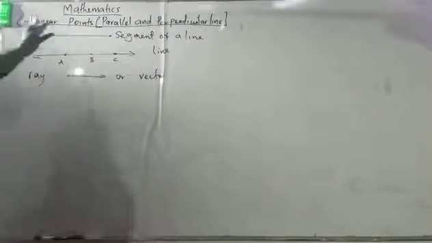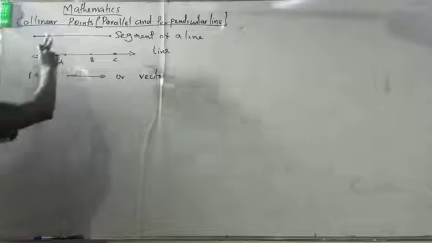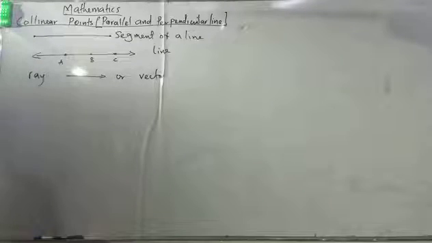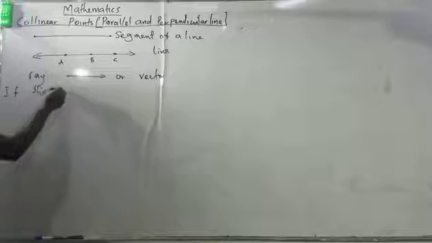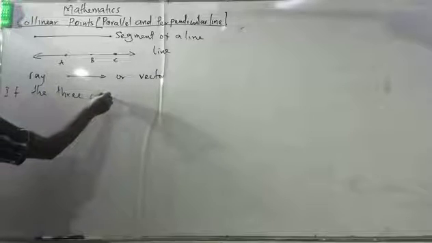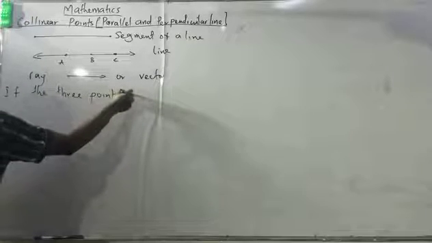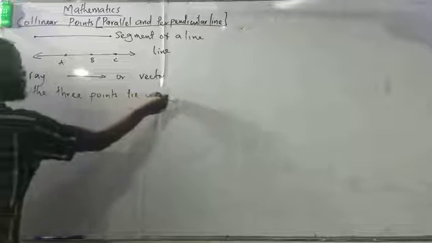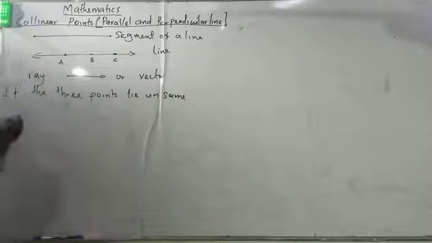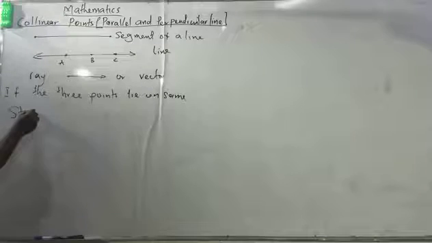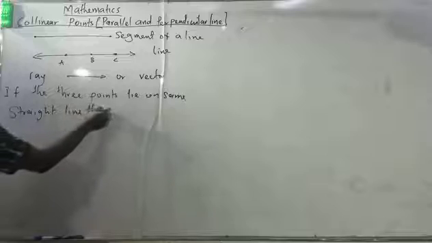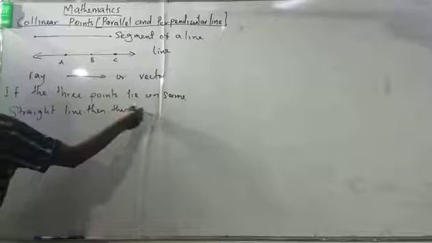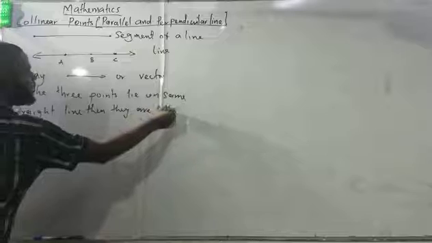Now, when we talk about collinear points, it means that if the three points lie on the same straight line, then they are collinear.